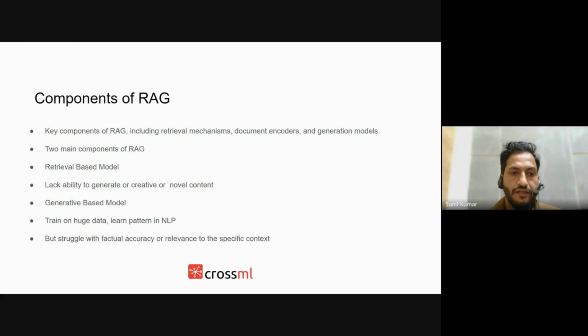And in the generative based model, we need to train our LLM on a massive amount of data, and then the LLM learns patterns from this data as insights using natural language processing techniques, and after that it predicts the relevant or context related text for us.